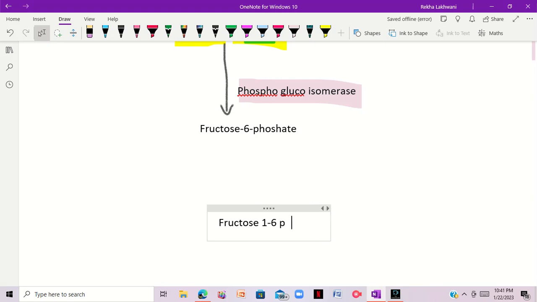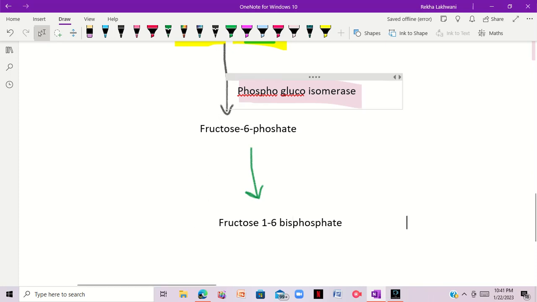This fructose 6-phosphate will be converted into fructose 1,6 bisphosphate, because here we have two phosphates. This is done by the activity of ATP, as ATP is involved in this.